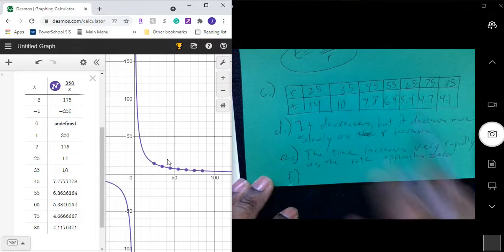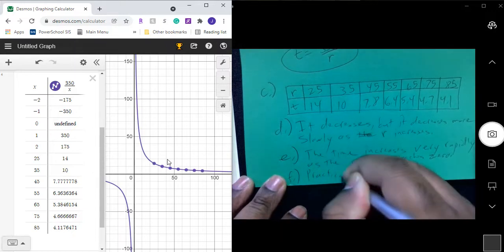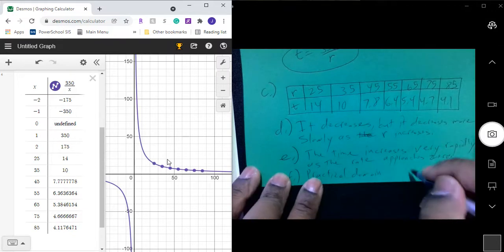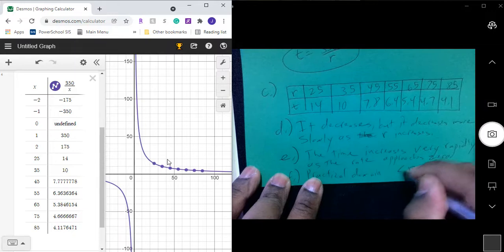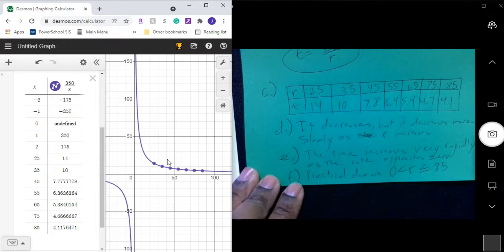So basically, the practical domain is the rate will be greater than 0 but less than or equal to 85, according to our table.